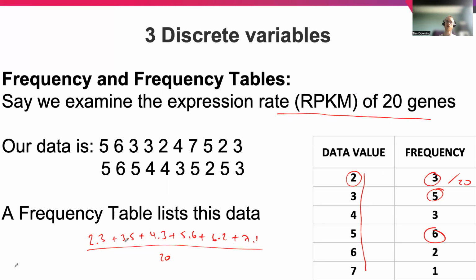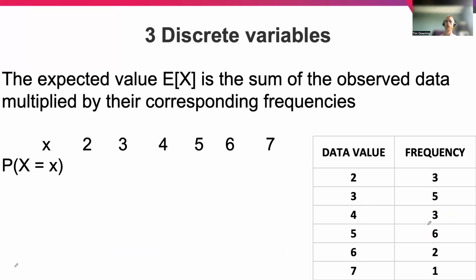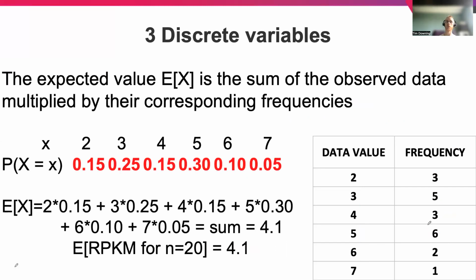So that's going to give us 21, 33, 63, 75, 82. So the expected value is going to be around 4.1 there. That kind of gives us some sort of sense of what our value will be. So it's going to be lying around here. If we calculate that here, we can see it more explicitly, that we get 4.1 for this.